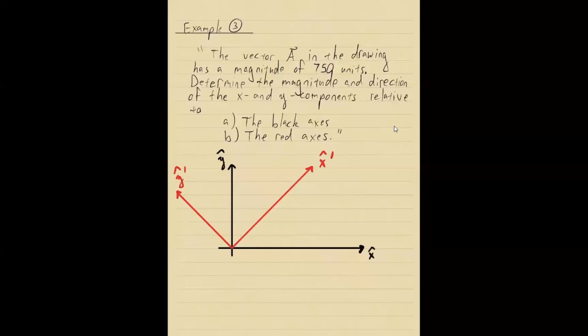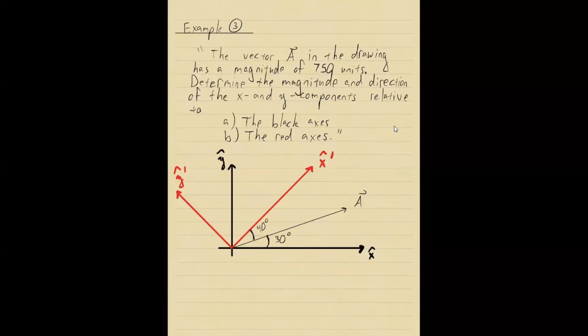And so the vector A points somewhere like this. It's our vector A. And the problem says that this angle here is 30 degrees, and this angle here is 40 degrees.